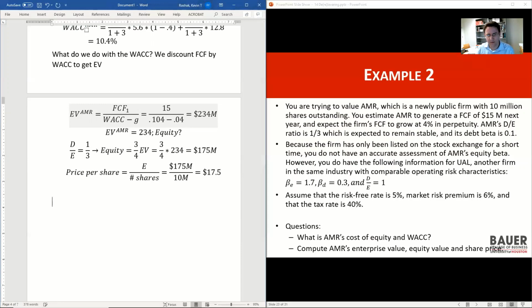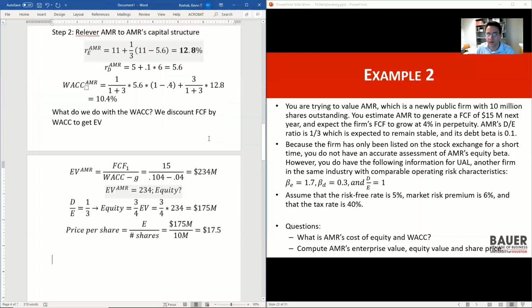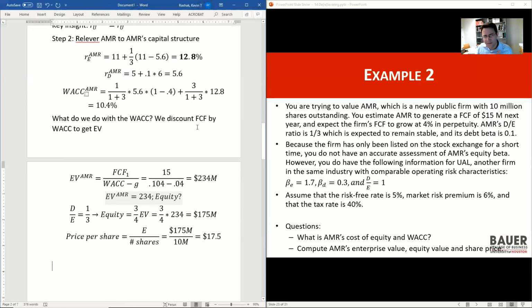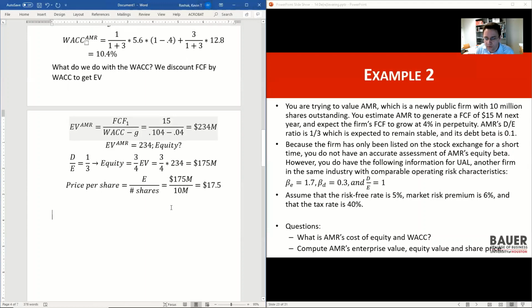Okay, so you can see how everything that we've talked about in this class fits together. We've used stock valuation here. We've used the growing perpetuity formula. We used the WACC. We used our delevering and relevering for today. So everything just feeds into one another.